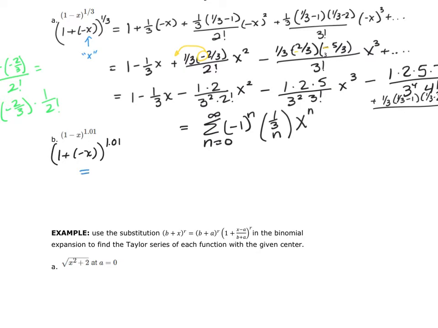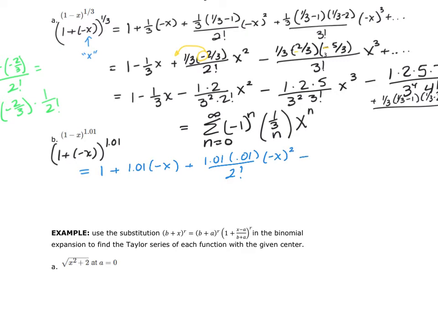So this is going to be equal to 1, because that's my first term, and then plus 1.01 multiplied by negative x. And then plus 1.01, 0.01 over 2 factorial, negative x, the quantity squared.